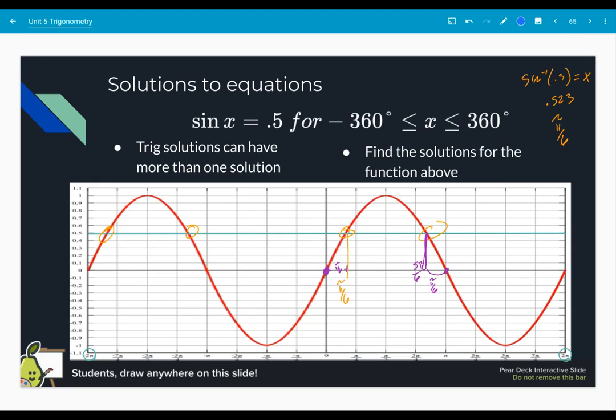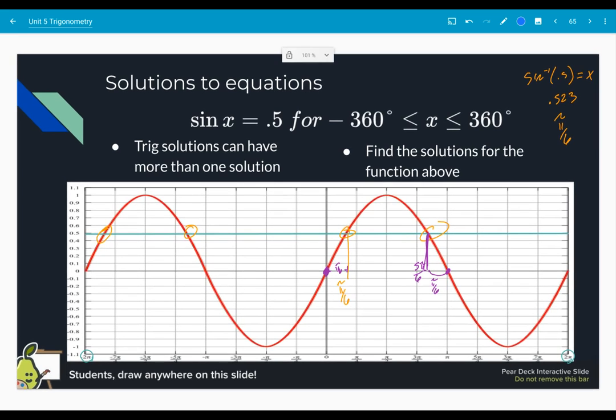It's going blue. The other way to think about it is, okay, what is the peak of your particular trig function? In our case, it's pi over 2. And what is the distance from your peak to the value that you solved? So that is going to be 3 pi over 6.